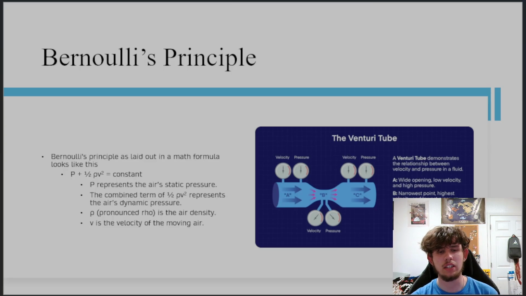In B, the tube itself narrows down, which creates a loss of fluid pressure. However, the velocity increases to allow the same amount of fluid through that section of pipe as through the A section of pipe, before entering the C section of pipe, where once again it returns to the standard velocity and pressure seen at the opening of the pipe.